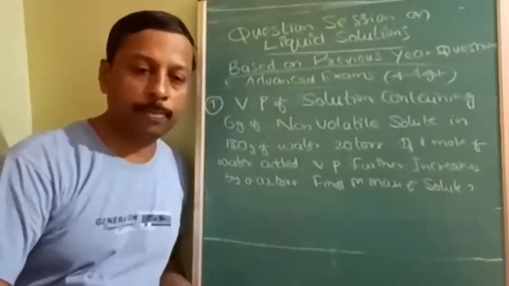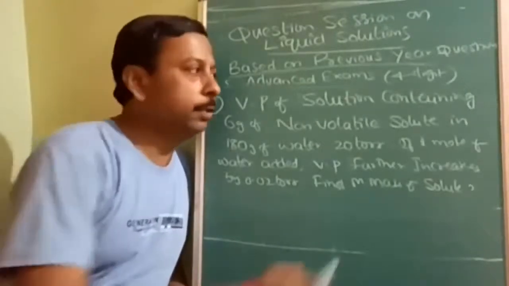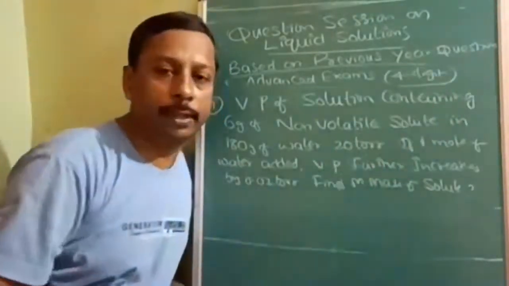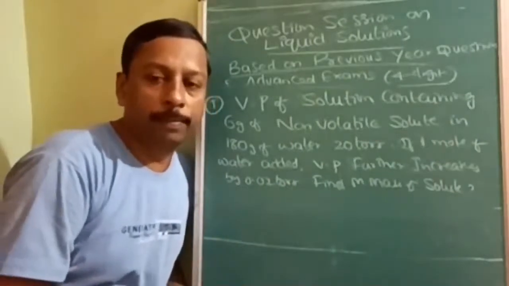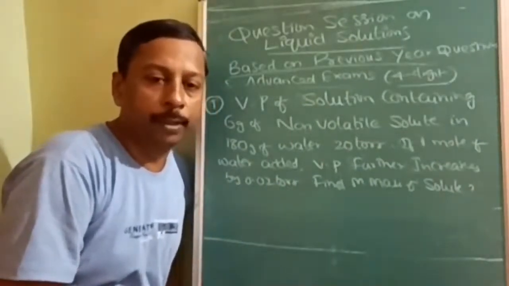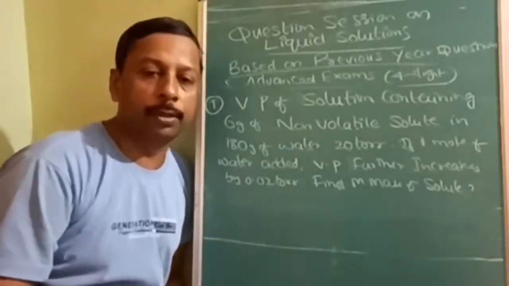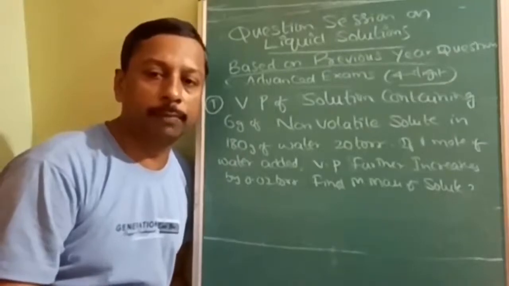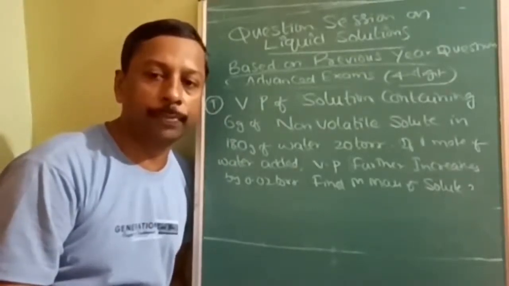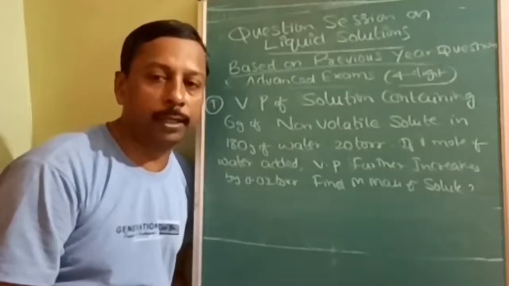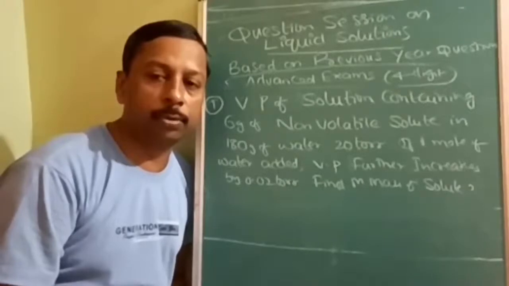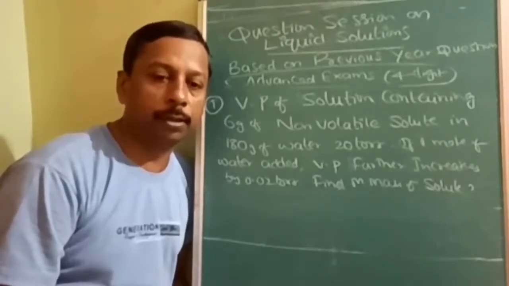To improve the accuracy, this is a four-digit integer type question. Vapor pressure of solution containing 6 grams of non-volatile solute in 180 grams of water, that is 10 moles, is 20 torr less than that of pure water.